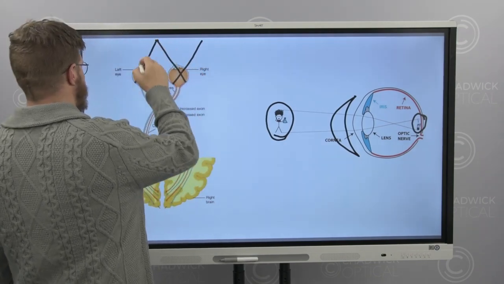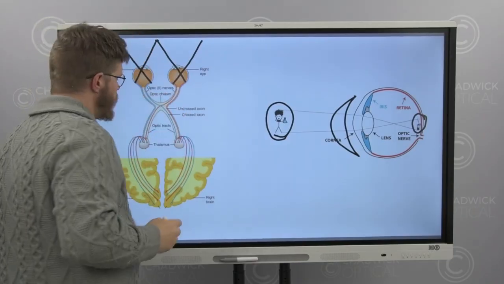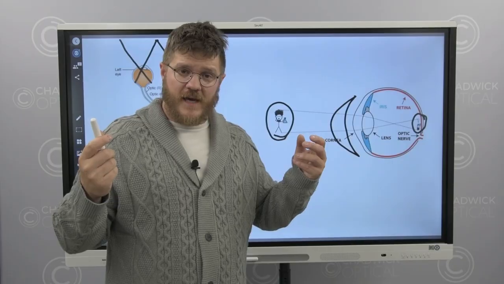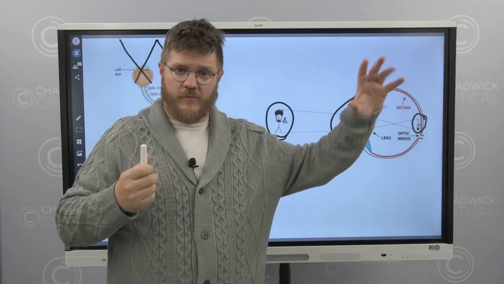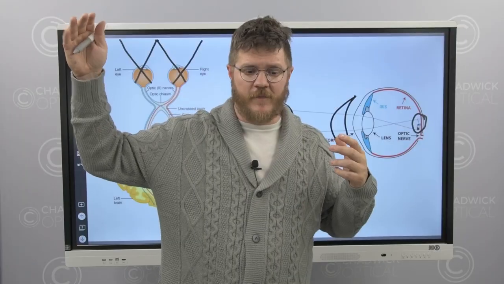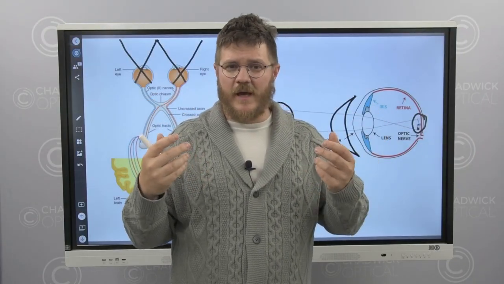So the way the rest of your body works is that my right side of my brain moves my left arm, my left side of my brain moves my right arm. Luckily, because it would be creepy, I can't just move my left eye or just move my right eye. If I look to the right, both of my eyes look to the right. If I move to the left, both of my eyes look to the left.